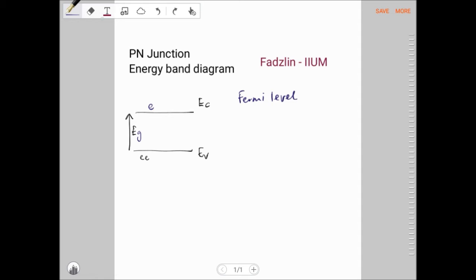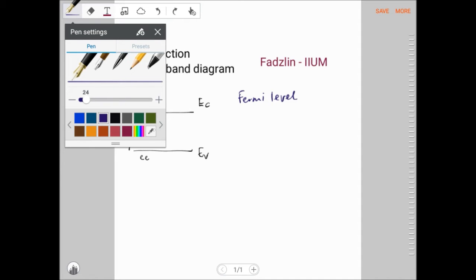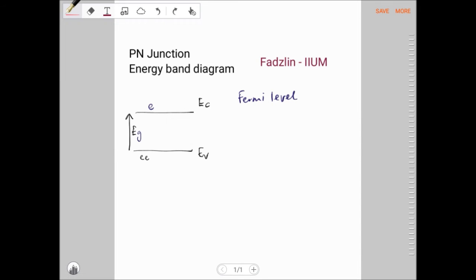In an intrinsic semiconductor, the number of electrons equals the number of holes, so the probability of finding free electrons and holes is the same. So the Fermi level is in the middle of the band gap. This is for intrinsic.